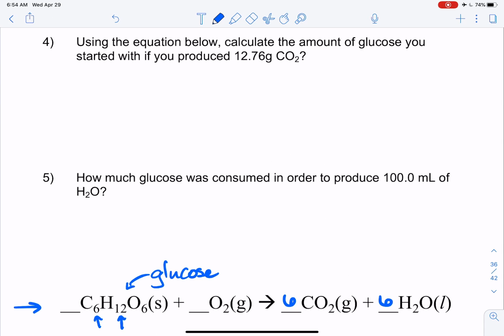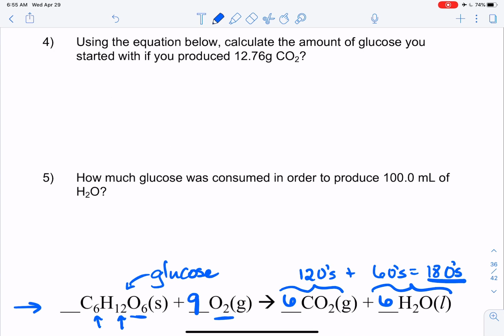And then we can see that on our product side, from the carbon dioxide, we've got 12 oxygens, and from the water, we've got 6 oxygens. And that's a total of 18 oxygens. So what we usually do when we do combustion reactions is we say, okay, there's 18 oxygens on the product side, and over on the reactant side, these oxygens come in 2s. So we're just gonna put a 9 there, and then we'll have 2 times 9, which is 18, and we're done.